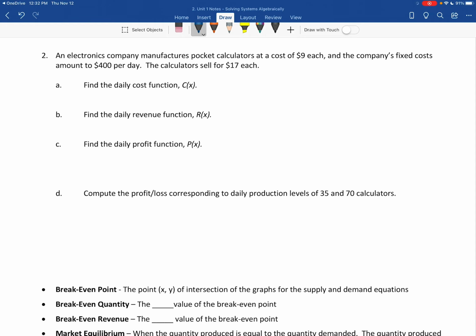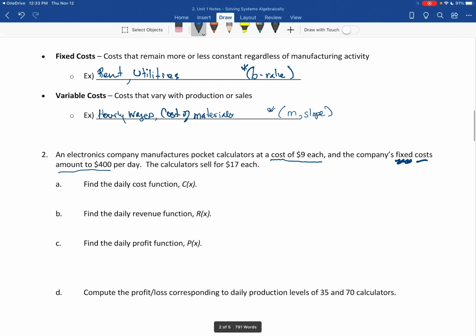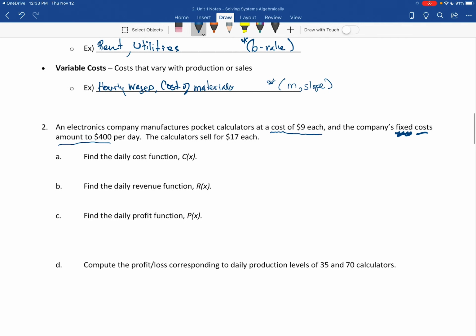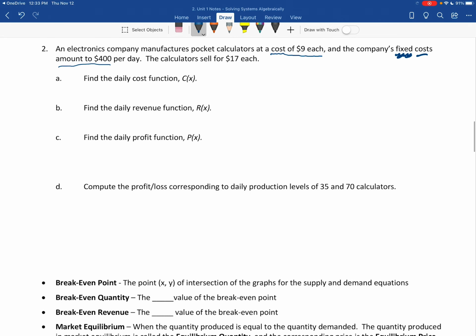Okay, so for costs, it looks like the calculators cost $9 each. And then here it even says fixed costs of $400 per day. We don't know what that $400 per day is exactly, but again, it probably has something to do with just having the building and running the electricity to manufacture anything at all.